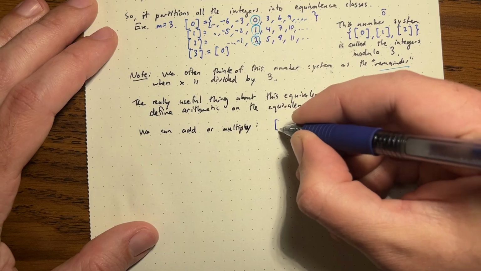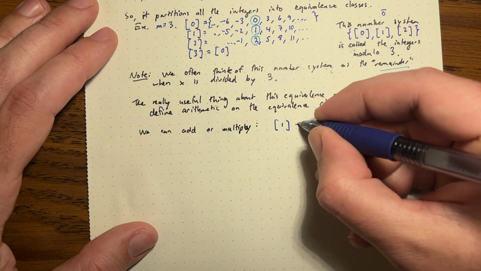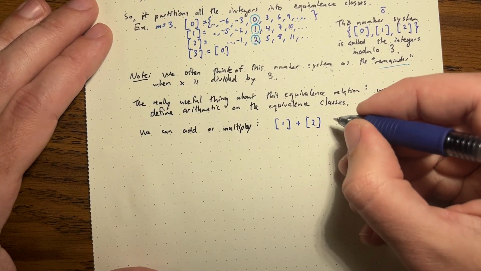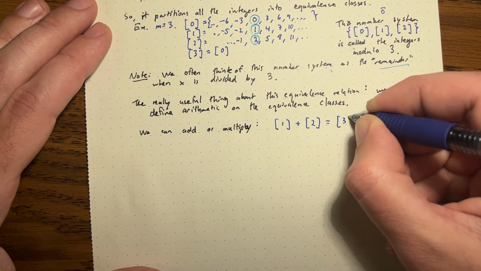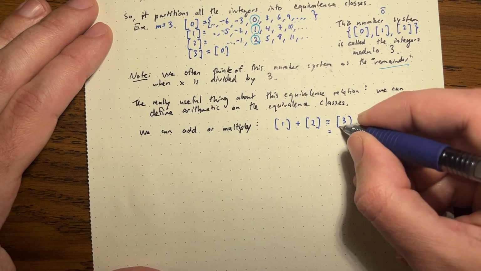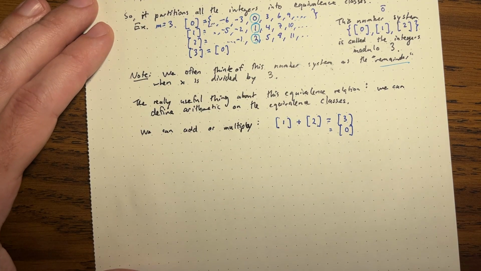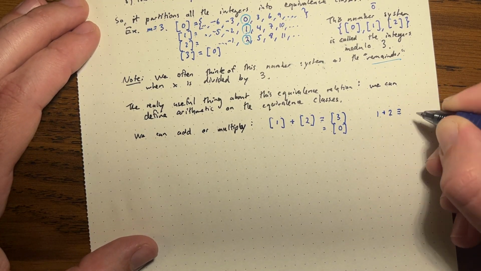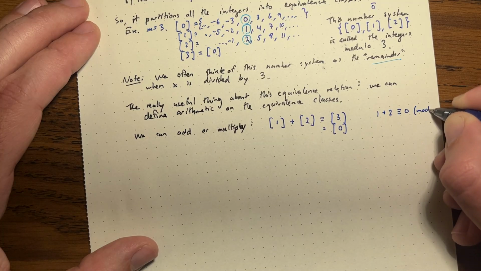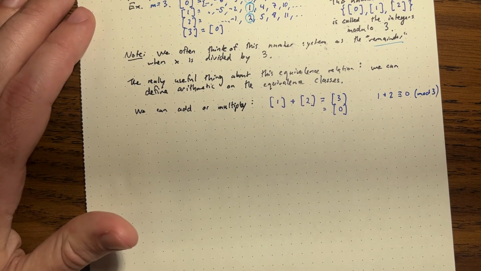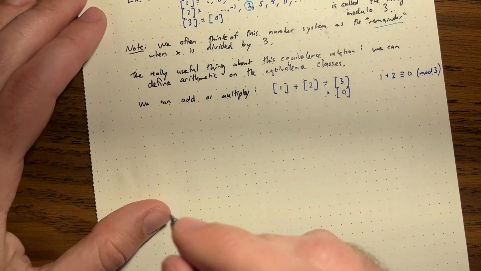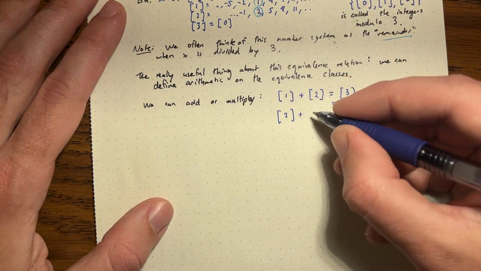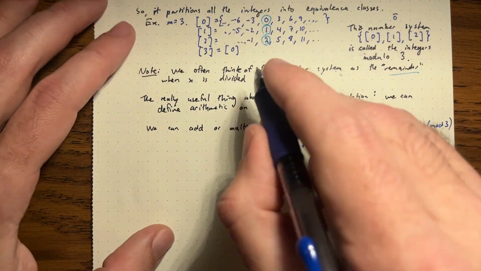So, for example, we can do things like the equivalence class of 1 plus, we'll have to define what we mean by that, equivalence class of 2, well, that should give us 3. But 3 is the same as 0, so you could say things like 1 plus 2 is 0 mod 3. Or 2 plus, you don't have to use one of these, you can put any number you want.